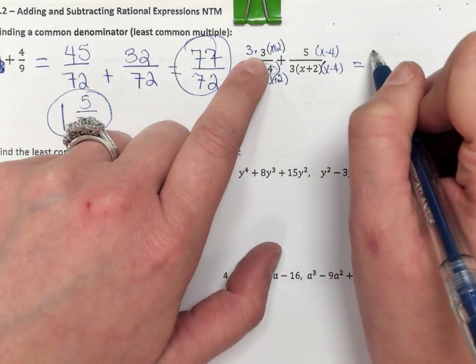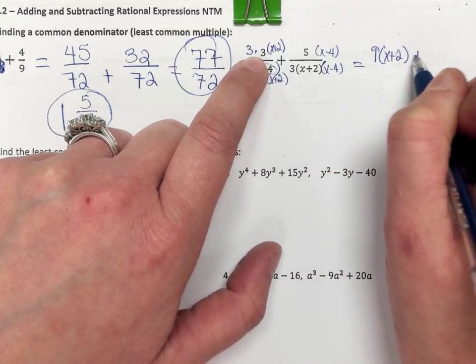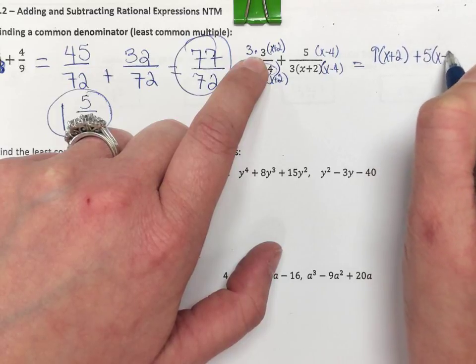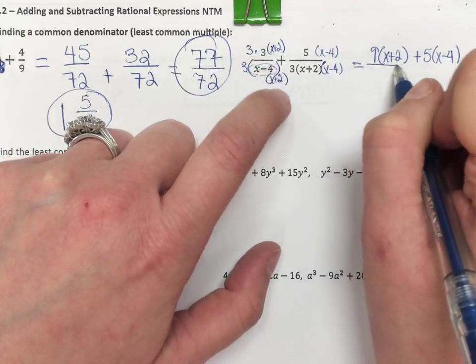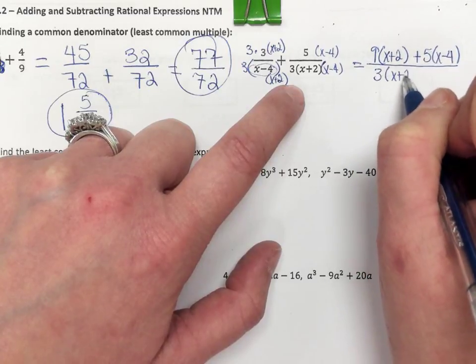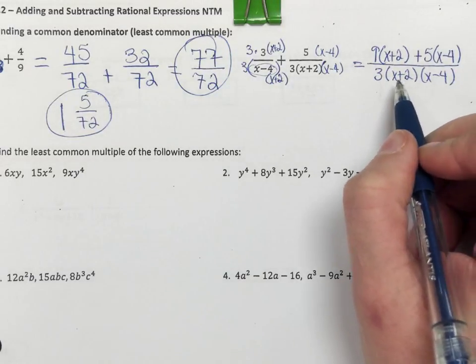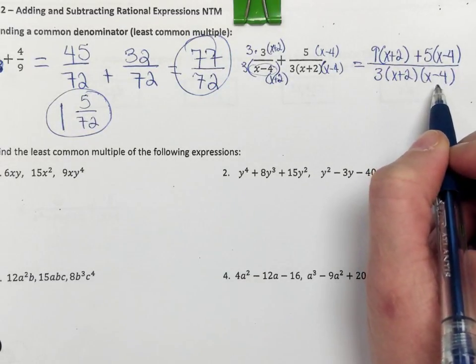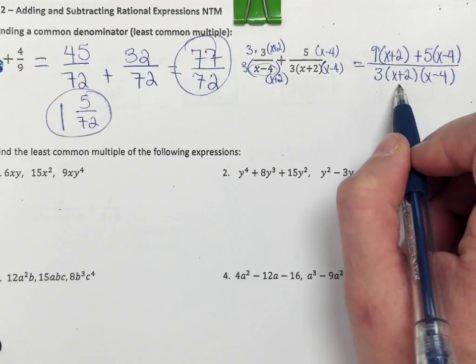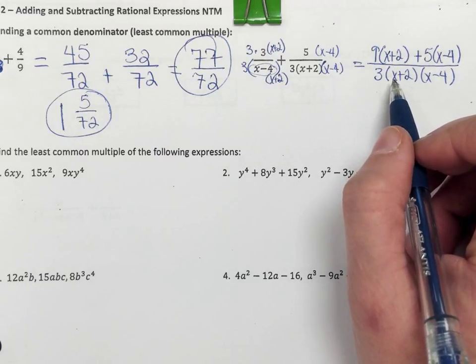We got 3 times 3 is 9, and then x plus 2 plus 5, x minus 4, and I'm going to make that all one big fraction of 3x plus 2, x minus 4. It does not matter the order on the bottom as long as the 4 is negative and the 2 is positive. Did I do too much? Are y'all okay? I tried to skip a step so y'all could see what we were doing.